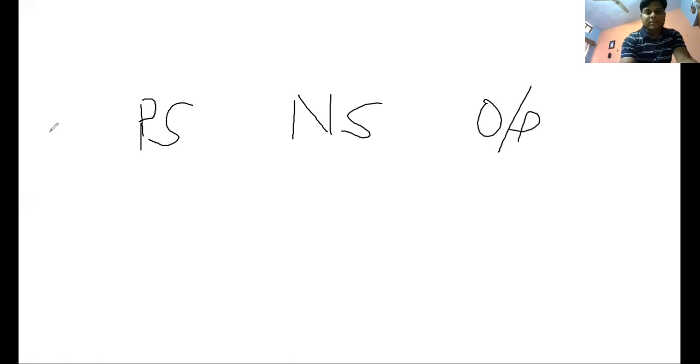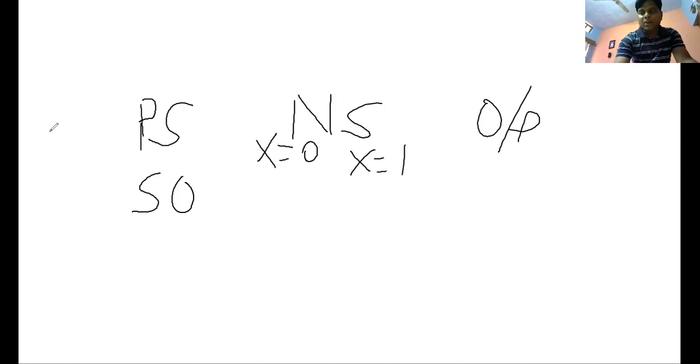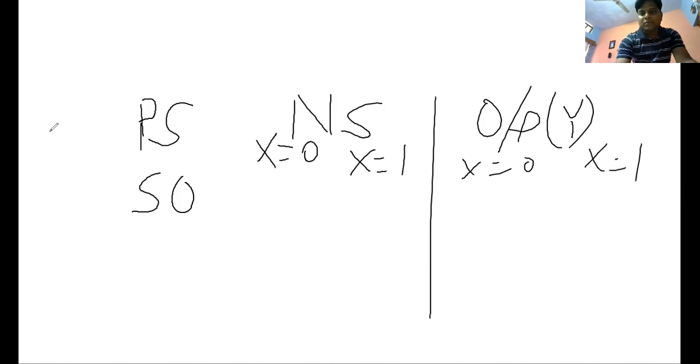It means the present state is either S0 or S1. For the next state, we consider X equal to 0 or X equal to 1, and the corresponding output is Y.